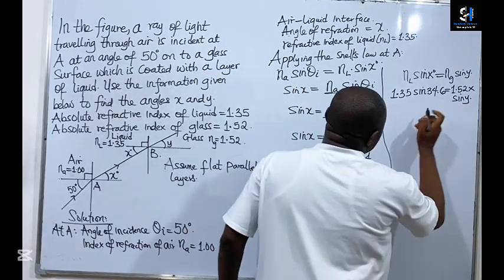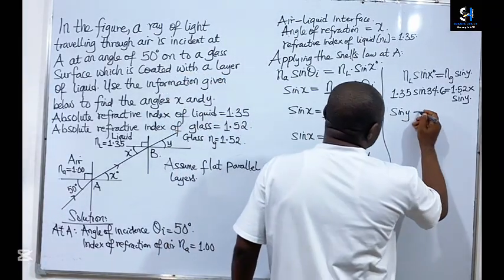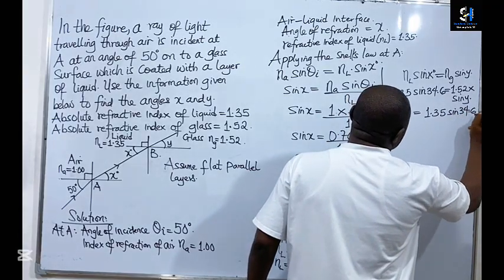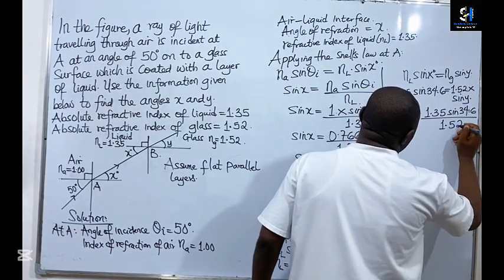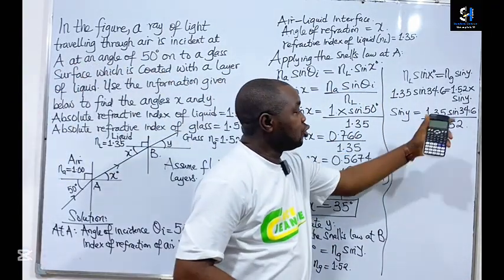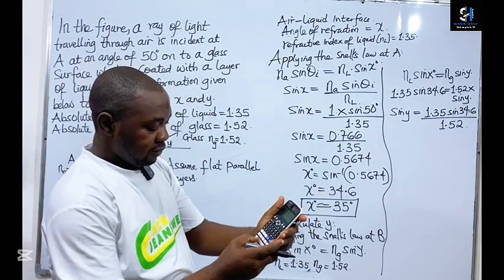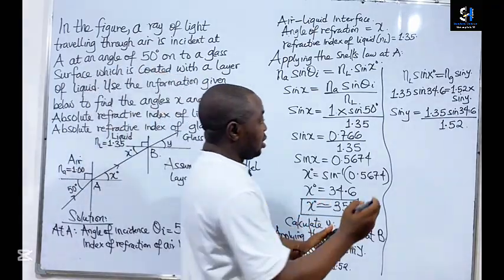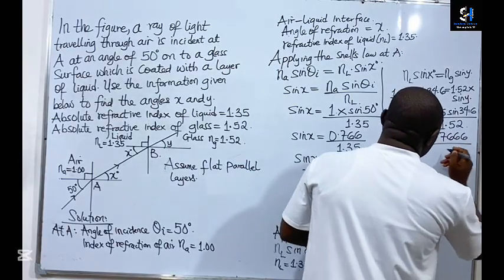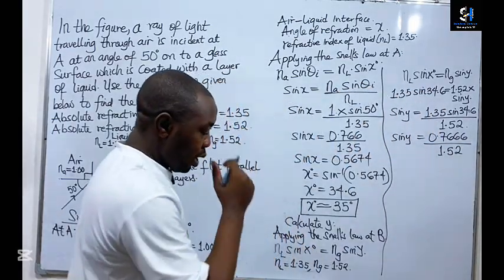Let's get the value of y. First, I'm going to make y the subject of the formula, so sine y equals 1.35 sine 34.6, divided by 1.52. First, the numerator: 1.35 multiplied by sine 34.6 is 0.7666.